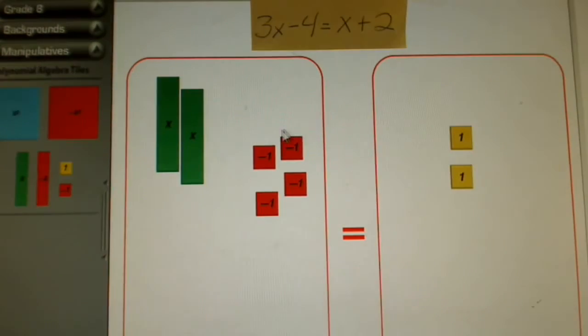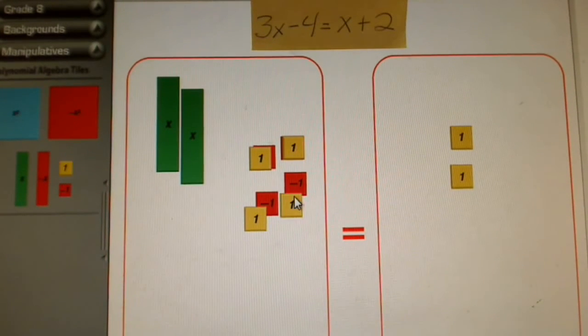Now we've got to get this minus 4 out of here, these 4 negatives. How do we do that? We add 4 to both sides. Canceling them out on the left side, and then on the right side we have to add those 4 as well. So there's positive 4, which cancels out all 4 of those negatives, and then I put the 4 positives over here too: 1, 2, 3, and 4.